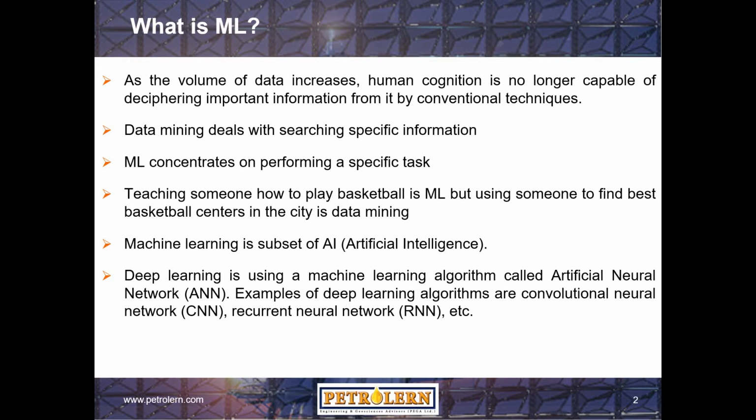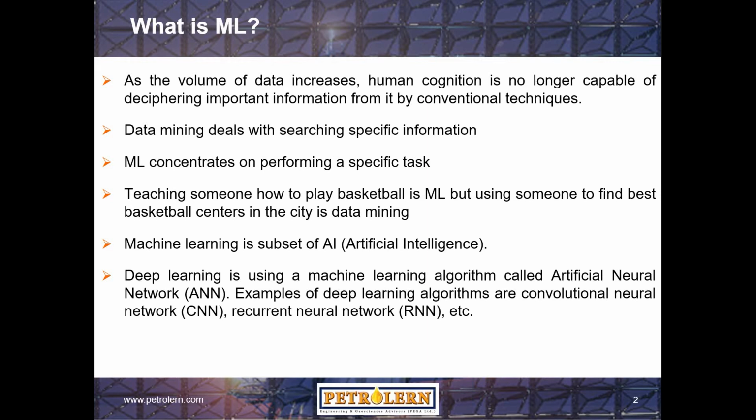So, for example, teaching someone how to play basketball is machine learning, but using someone to find the best basketball centers in the city is data mining. Again, the difference between machine learning and data mining is that in one, you're trying to teach someone how to play basketball, and in the other, you're trying to find the best basketball centers in the city. And then finally, deep learning.